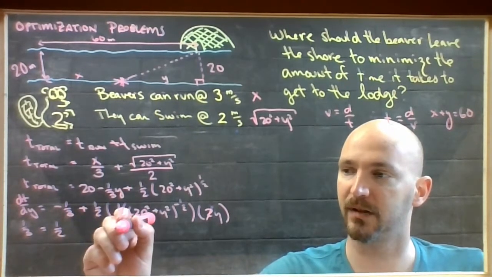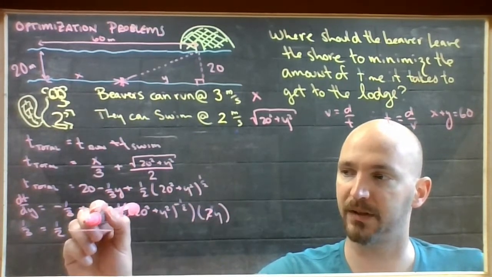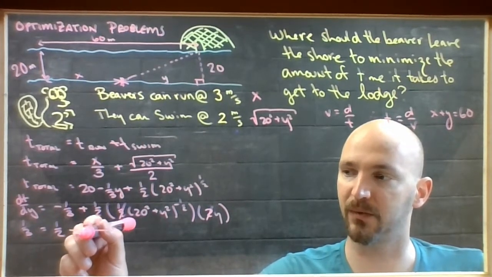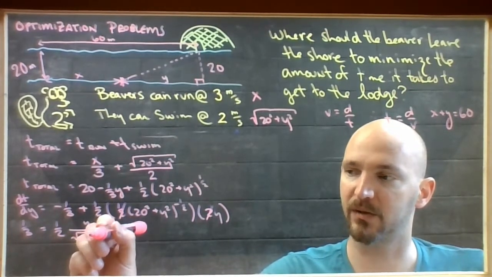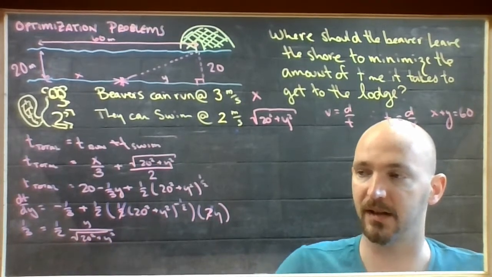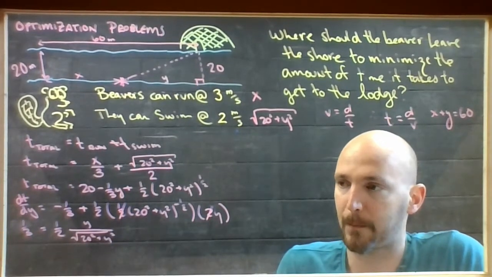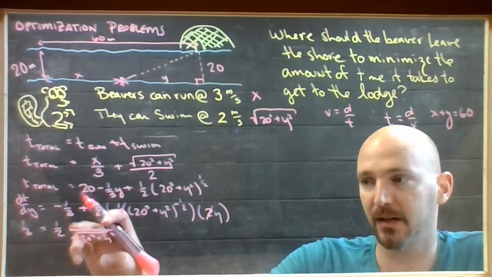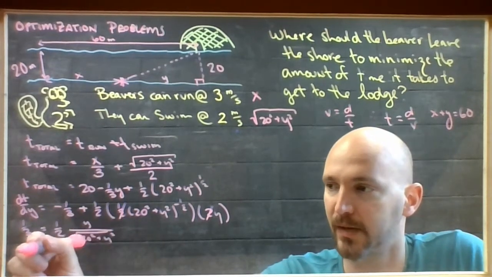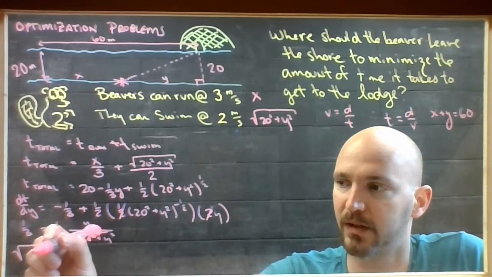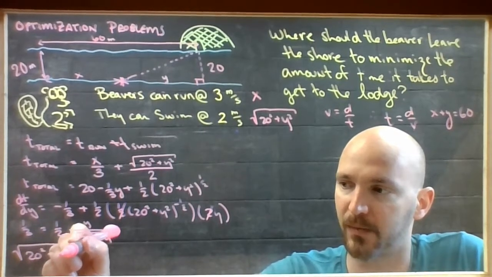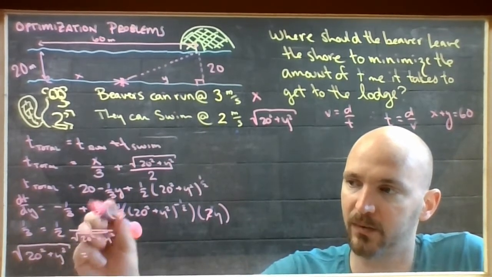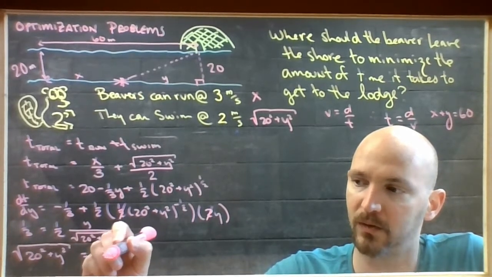I have a y up in the numerator, and I have a square root of 20 squared plus y squared in the denominator. Okay, I'm going to bring this 3 up here and the square root over there, so I end up with the square root of 20 squared plus y squared equals 3y over 2.